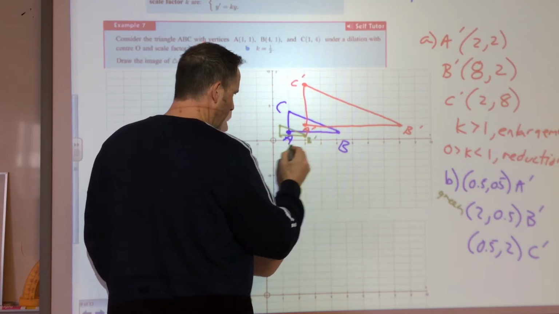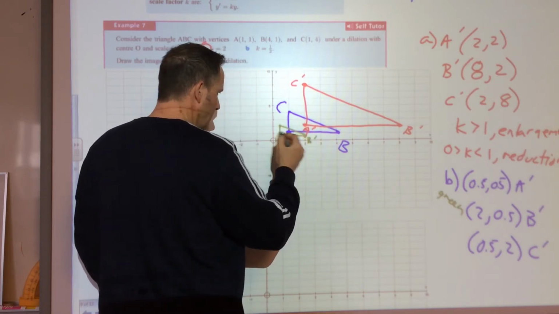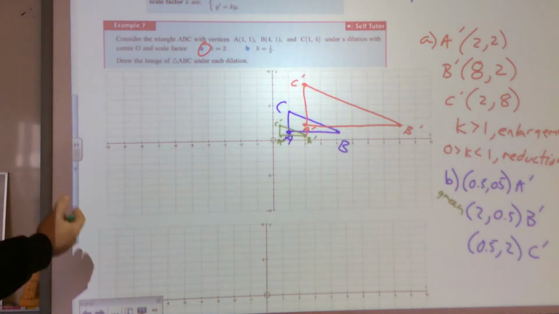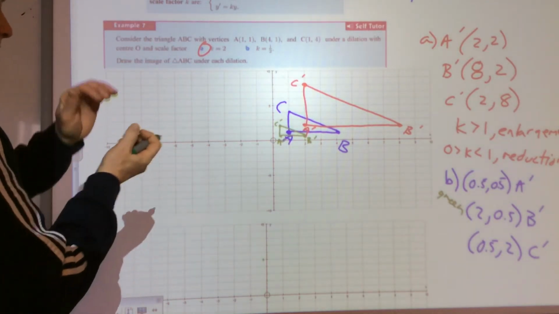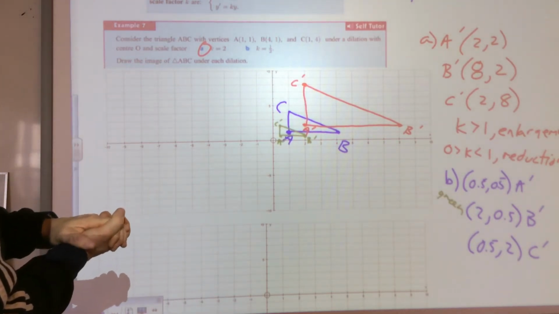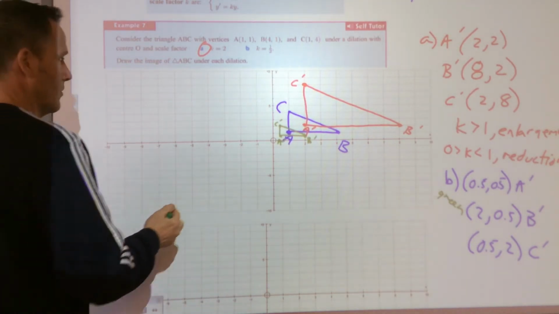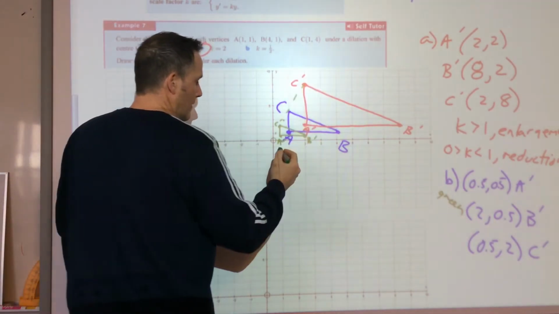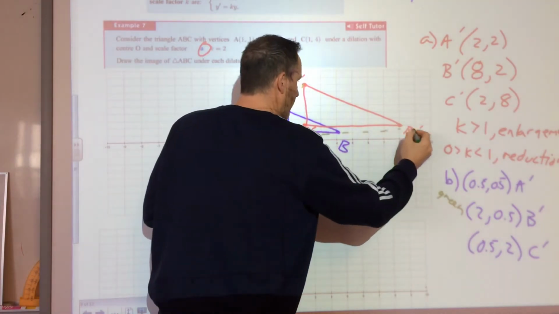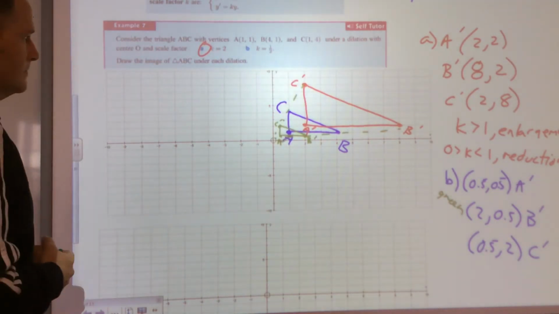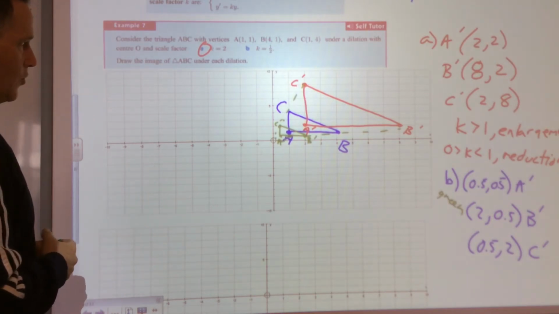B prime, A prime. And for some reason I have to talk lighter because I made it smaller. Anyway, so there's A prime, B prime, C prime based on a dilation of 1/2. So all my values shrunk in and we're based on the center. So everything lines up here and lines up here. So we're expanding out in both directions. And I had 2 graphs, but I put them on one.